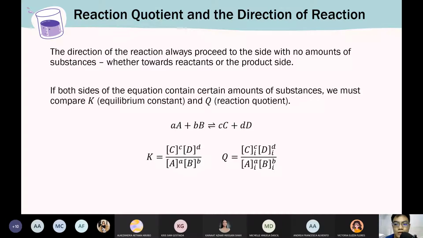Kasi in thermodynamics, equilibrium is the state of lowest energy overall. In a chemical system that is also true. So parang yun yung gusto ng lahat ng bagay sa mundo, to reach equilibrium or to reach the K value.